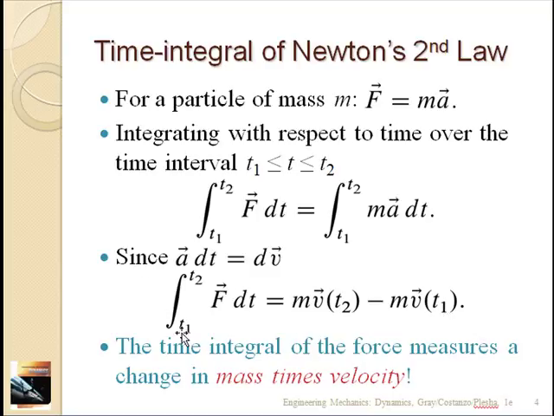So this integral quantity, the time integral of force over some time period, is the change in this product of mv. mv is momentum. So what this tells us is that this integral of the force over time tells us about the change in momentum from one time to the other, from the beginning to the end of that integration.